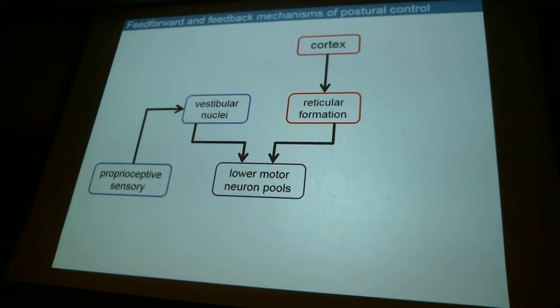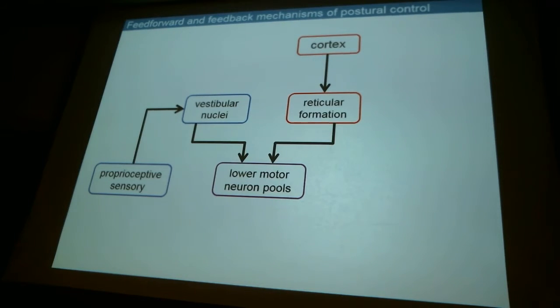So here's another way of thinking about this in terms of these pools of neurons. Here are our two brainstem nuclei, the vestibular nuclei and the reticular formation. You get an input from the cortex to the reticular formation that then provides an input to lower motor neuron pools. So this is your feed forward circuit. And then the vestibular nuclei get feedback.